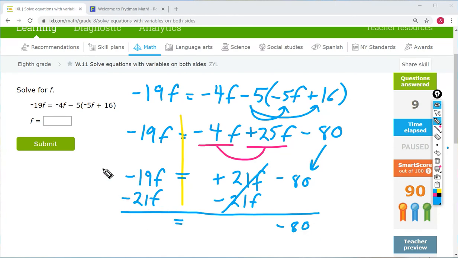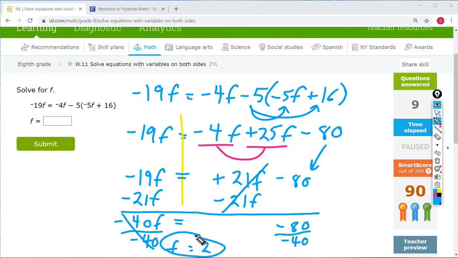Same symbols, add. It's going to be 40, and keep the symbol, and also keep the f. Now we'll subtract negative 40 from both sides. So f equals negative divided by negative is positive, and 80 divided by 40 is 2.